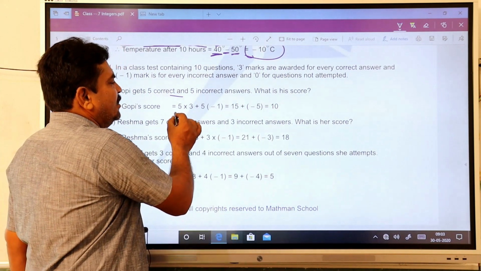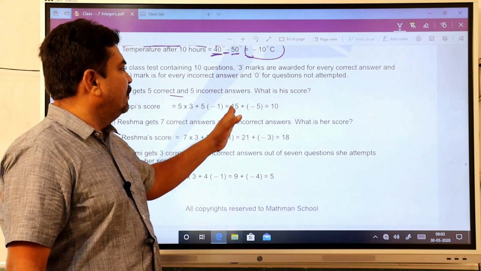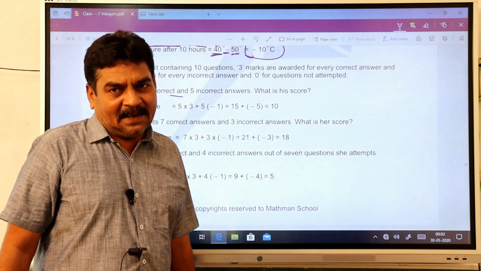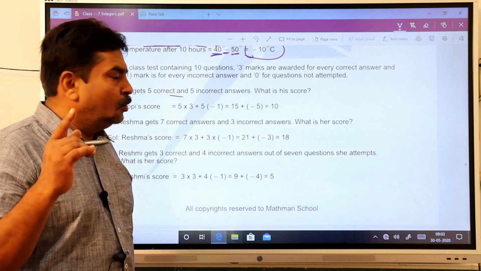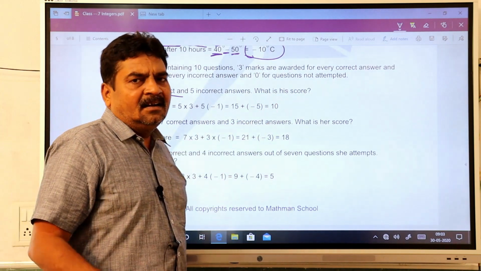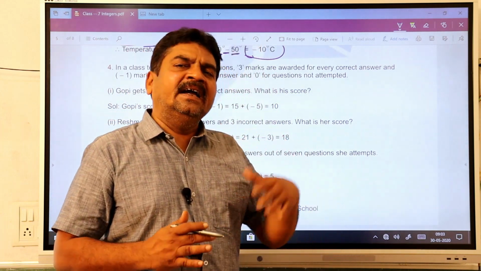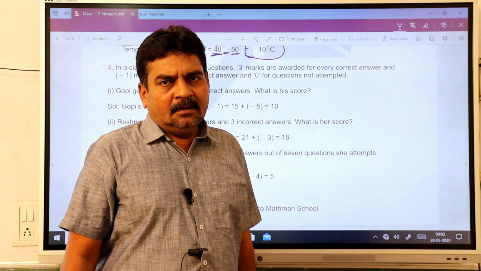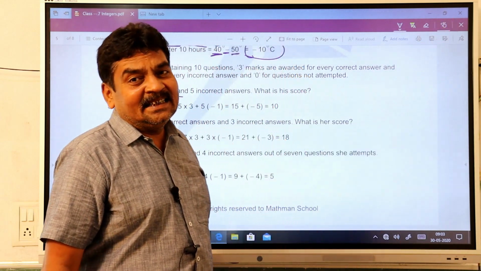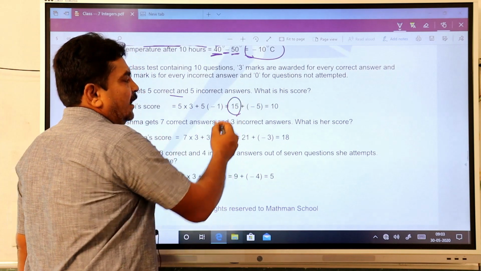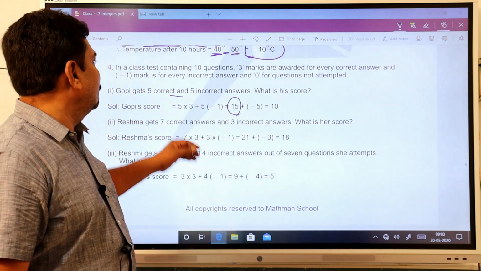That is 5 into 3 plus 5 into minus 1, which is 15 plus minus 5, equal to 10. So Gopi has done 5 correct and 5 wrong. 5 correct questions get 5 threes, 15, and the remaining 5 he did wrong.